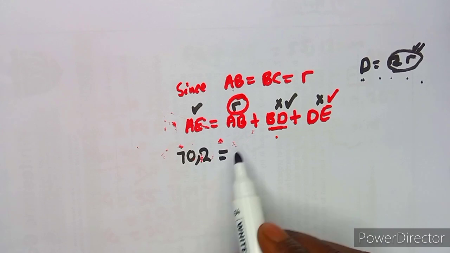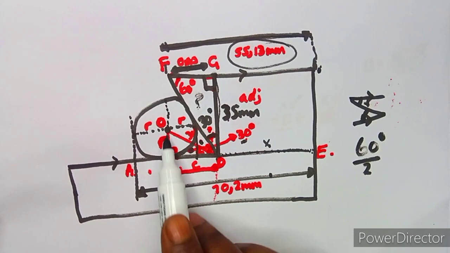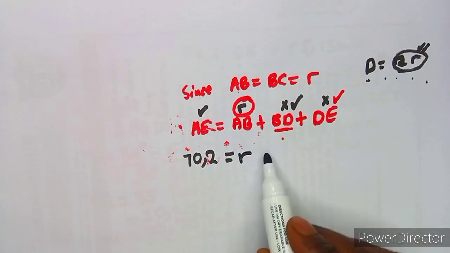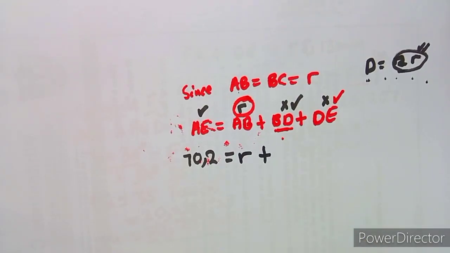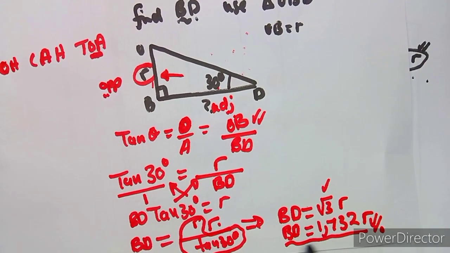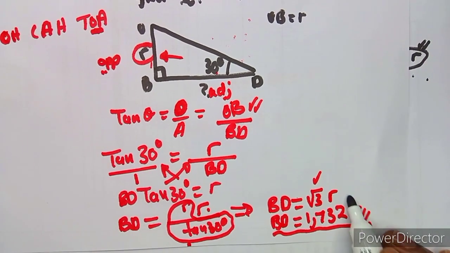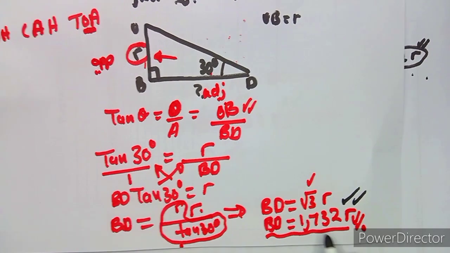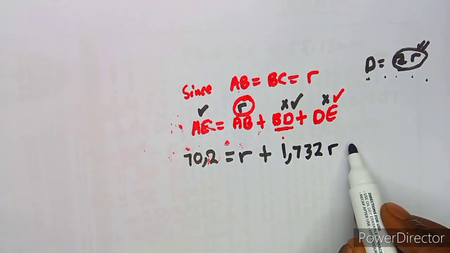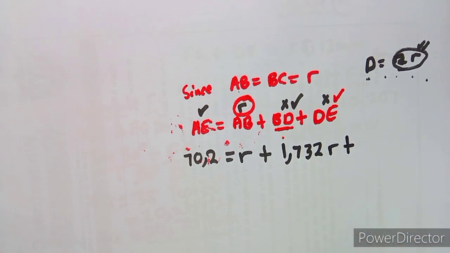This is our AE, which is 70.2, equal to AB. We said AB, from A to B, is the radius. So it's R plus BD. Guys, we calculated BD together, and this is what we obtained in terms of R. This was our BD here, so you still remember this one. So you're now going to substitute 1.732R plus DE.